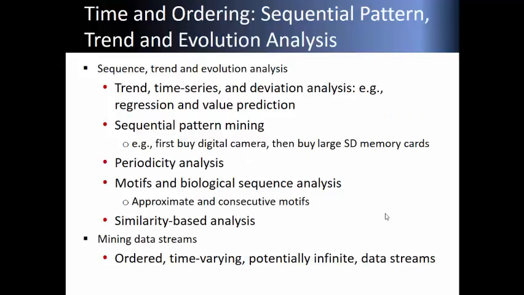Time and ordering. Many times it is also important, right? Time and ordering. Association, or for example, correlations. This and that, they are correlated. That we can imagine, right?